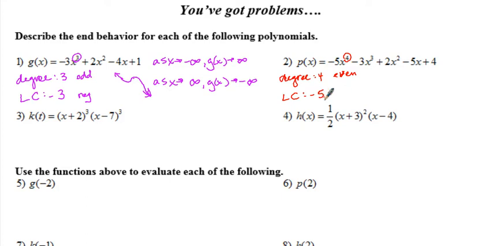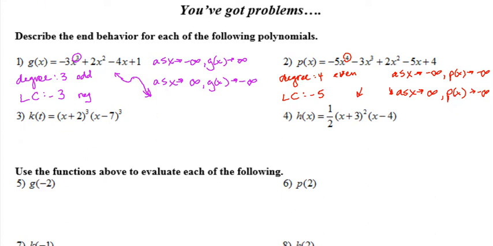And since I have a negative leading coefficient, they match down, down. If you'd like to draw the 3 turns in between, you're more than welcome, but all we need to do is state the end behavior. As x goes to -infinity, p of x goes to -infinity. As x goes to +infinity, p of x goes to -infinity as well.